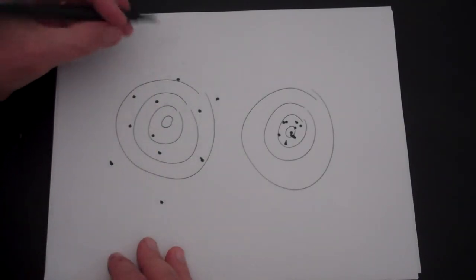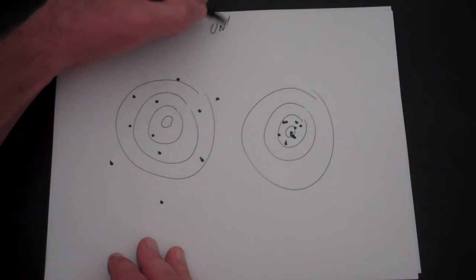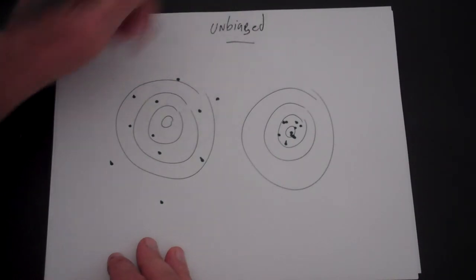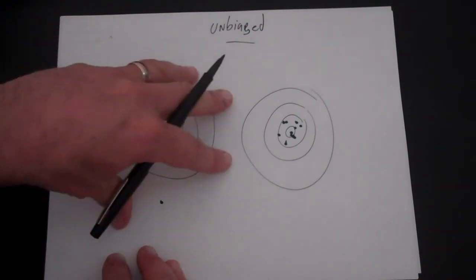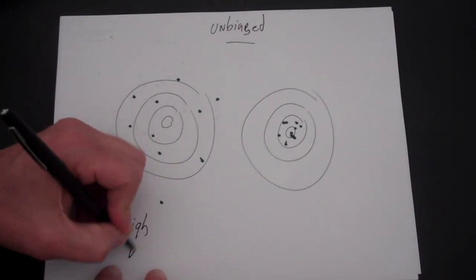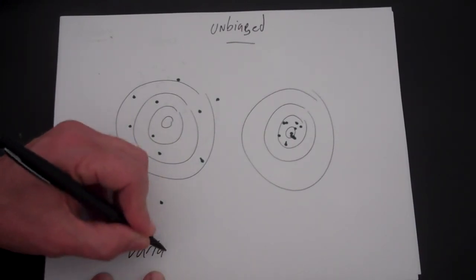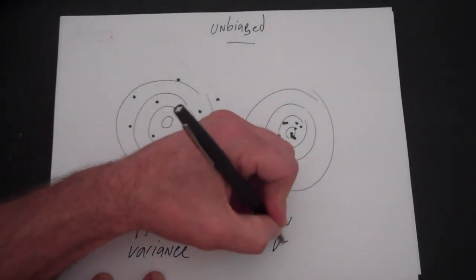Maybe there's a little bit of bias, but roughly unbiased. But if you notice here, even though on average I tend to hit the bullseye, it's spread out quite a bit. So this has high variability or high variance. And this has low variance.